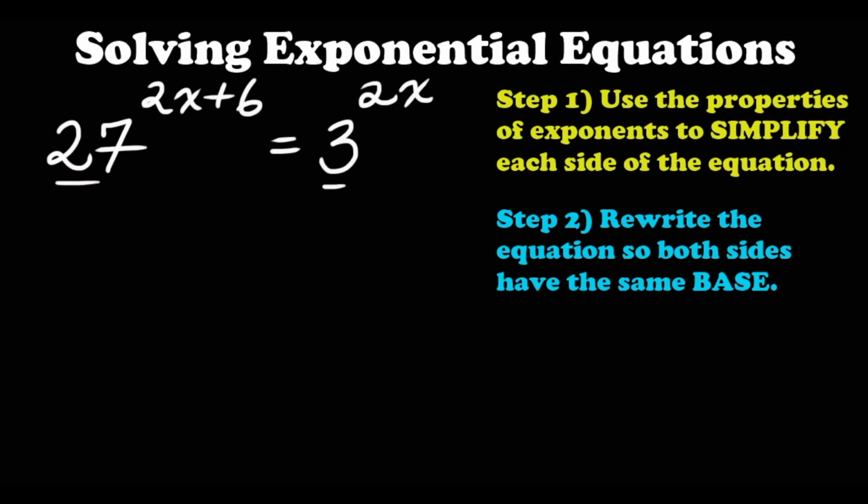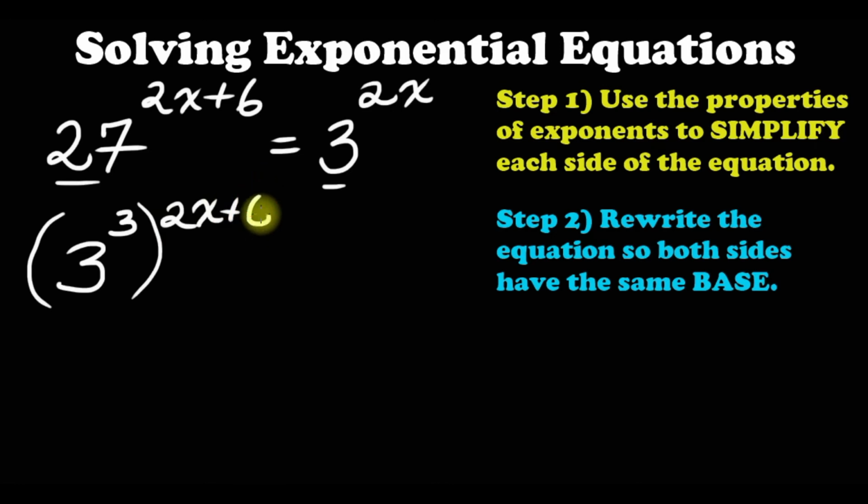Let's think about the number 27. Can we rewrite that with base 3? 3 to what power will give us 27? So 3 to the third power is going to give us 27, because 3 times 3 times 3 is 27. And then you have 2x plus 6.